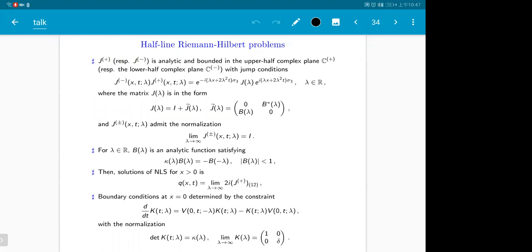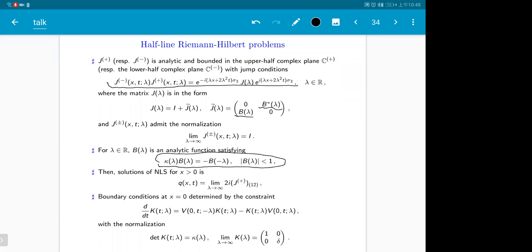Having the scattering system and the column vector X and Y, you can regroup everything as the Riemann-Hilbert problem. So that is the formulation of the Riemann-Hilbert problem. This part looks exactly like the Riemann-Hilbert problem for the NLS on the whole line, but with the novelty that the entries of the jump matrix satisfy this extra symmetry coming from the symmetry of the double row monodromy matrix.